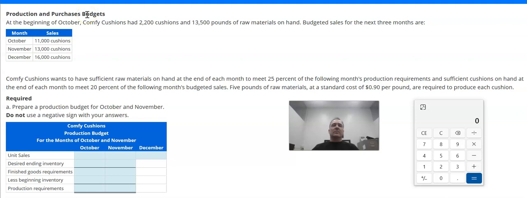Purchases budgets, another story. This particular question only has one type of raw material, at a certain quantity per unit, and one price per unit. These kinds of questions can get more complicated if we're dealing with multiple raw material inputs at different levels.